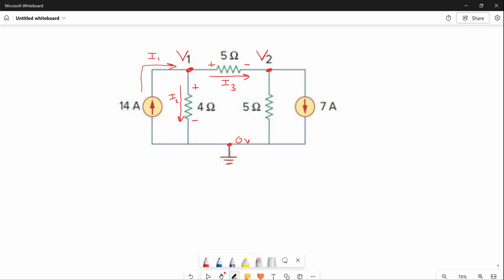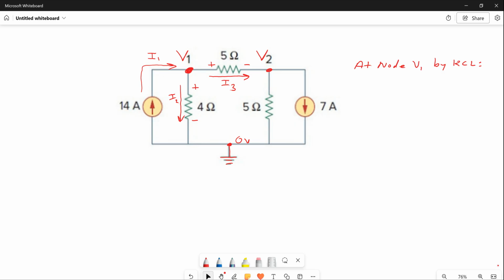And I'm going to do a node equation. I'm going to say at node V1, by Kirchhoff's current law, that's nodal analysis. So I want you to just zero in on node V1 over here. That's all we're looking at.